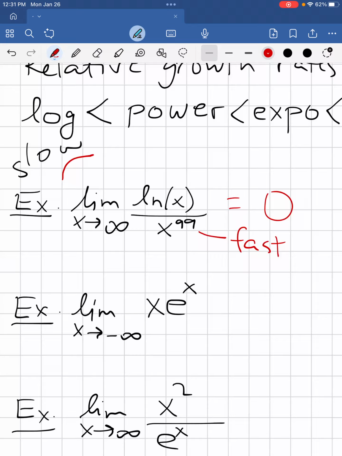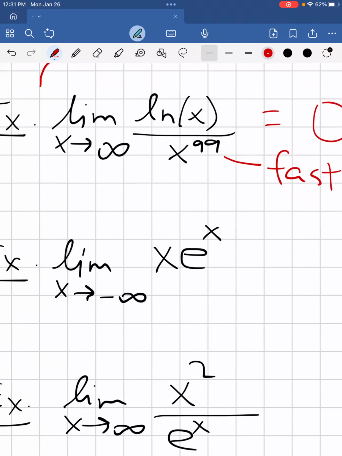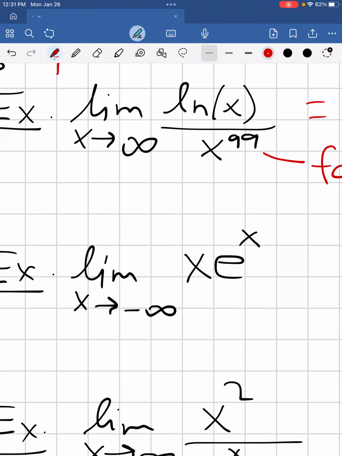When we look at the next one, we're looking at x times e to the x. And normally this would be a bit of a concerning thing, because if x were approaching positive infinity, that exponential would be blowing up and this limit would be infinite. But here you kind of have to pay attention to this little detail, negative infinity.